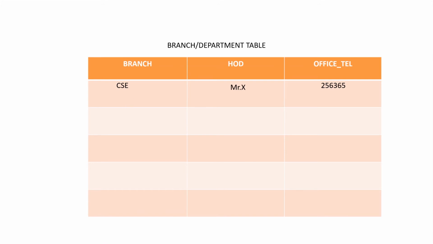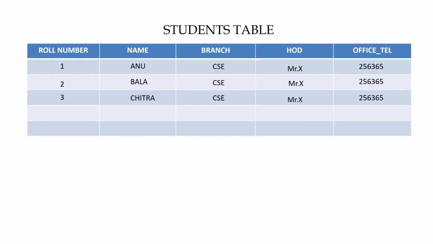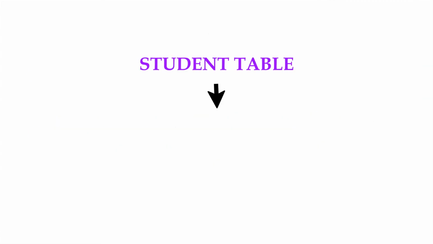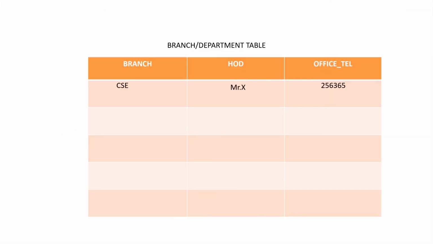So here in the previous case you can see the CSC and Mr. X office telephone number details are repeated five times, because they are stored along with the student information detail. So for each entry of the roll number and name, these details will be repeatedly stored. But if I maintain all these details separately in a separate table, like this branch table, I can maintain only one entry. This entry will be related with the branch detail in the student table.